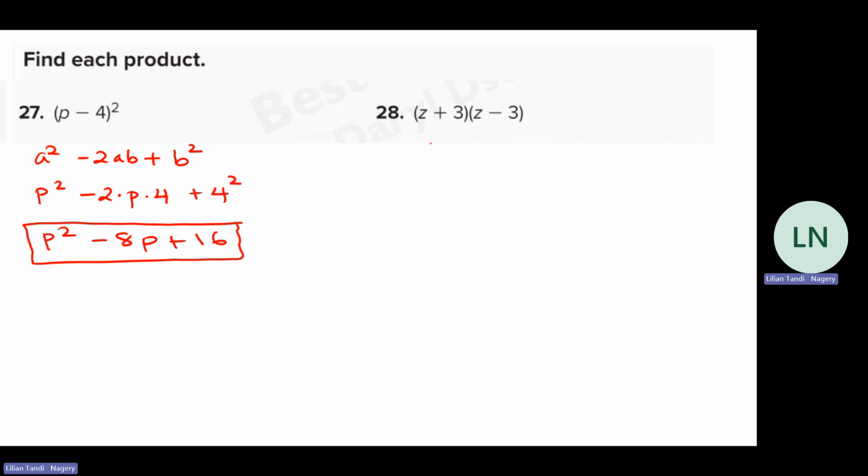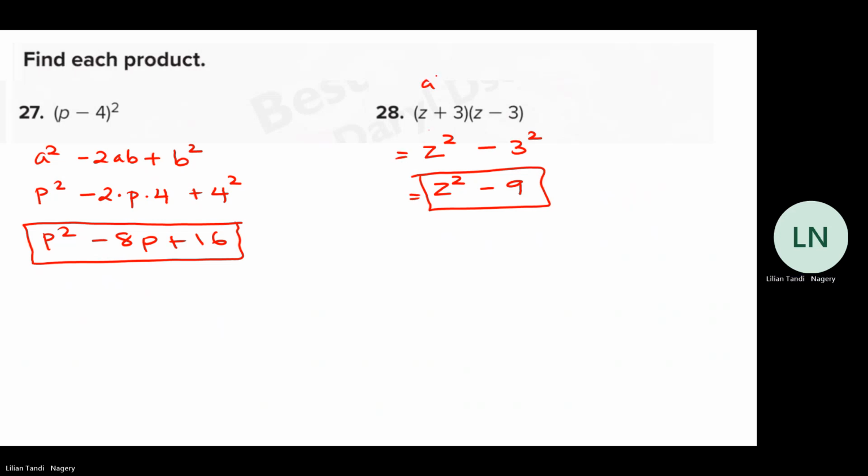No, this one will just be z squared minus 3 squared, which is z squared minus 9. Because this is a squared minus b squared, and your a is z and your b is 3. Here, your a is p and your b is 4.